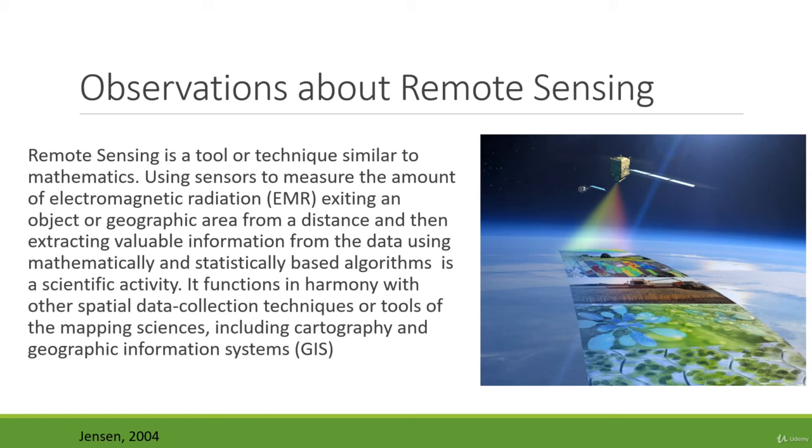The remote sensing data that we get from the sensor can be used in other spatial data techniques or tools such as geographic information systems. So you may have heard GIS before. What I like to think of, remote sensing is a science and GIS is a tool that we can use to analyze that remote sensing data.